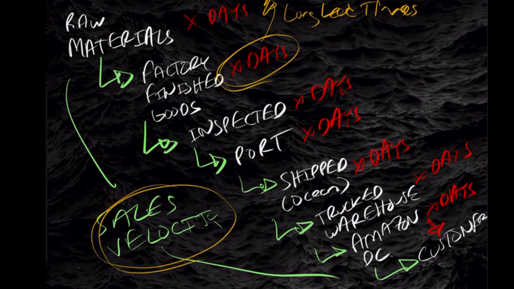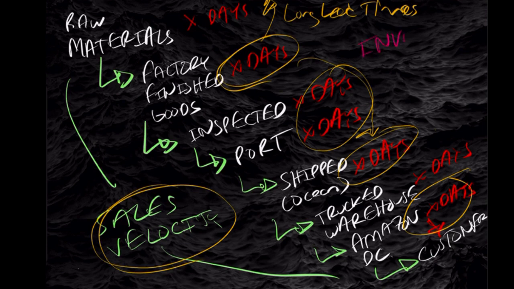We need to figure out how many days it's going to take to actually get onto a boat by factoring in the inspection and port time. We need to figure out how long it's going to take to ship, and then how long, once it lands in the destination country, it takes to actually get transported ultimately into an Amazon warehouse. So we calculate the number of days, we figure out what our daily sales velocity is, and that's going to give us an understanding as to what our inventory position needs to be.